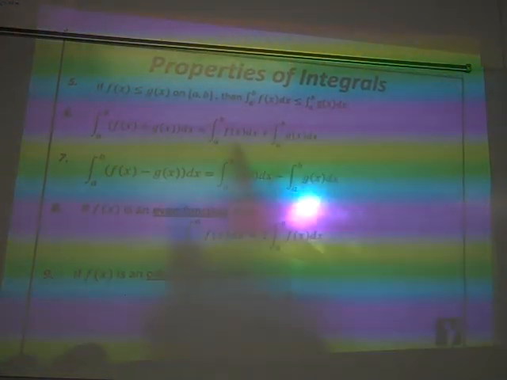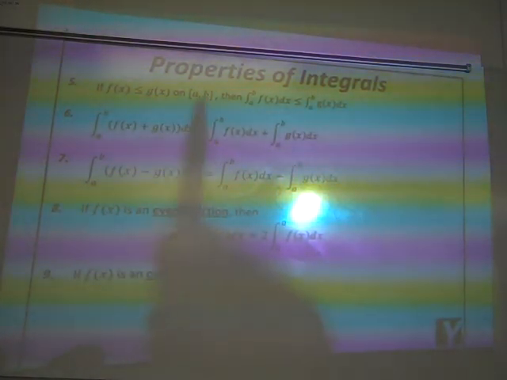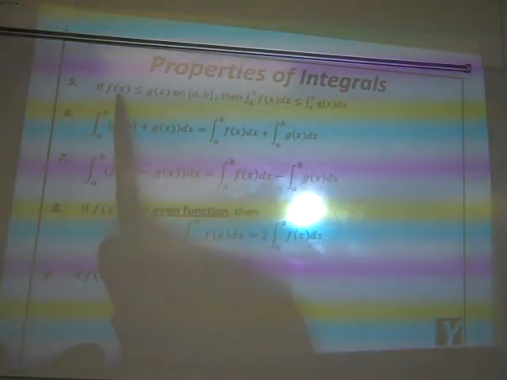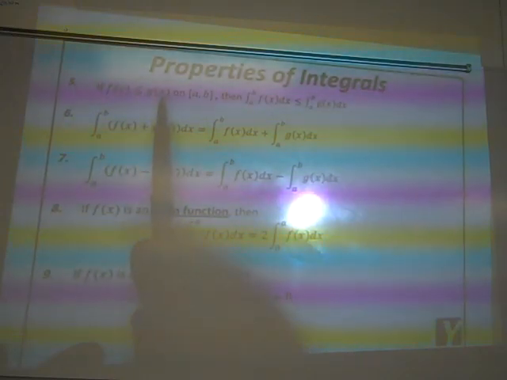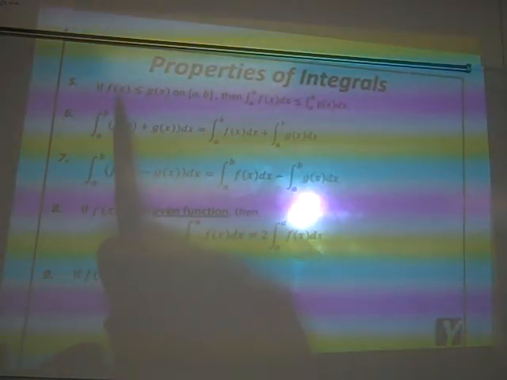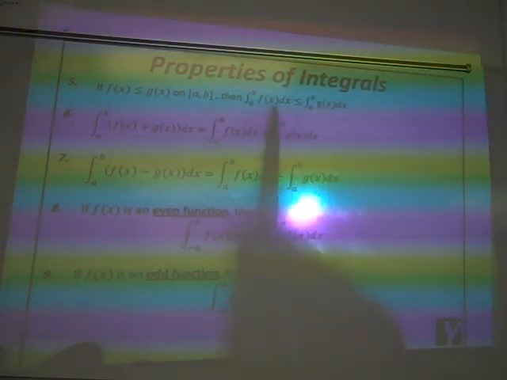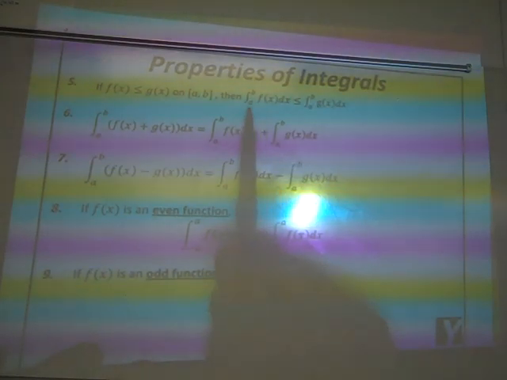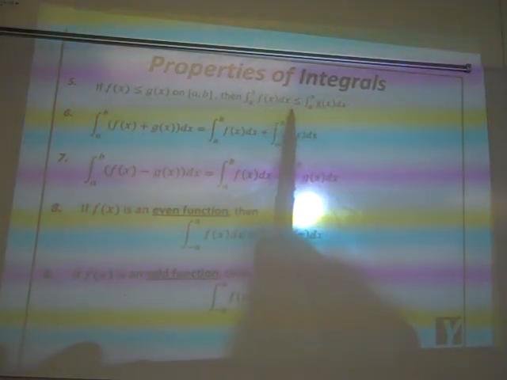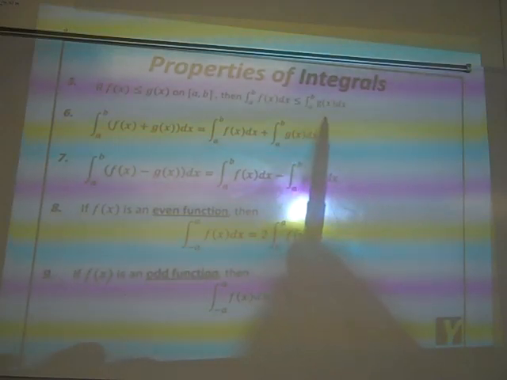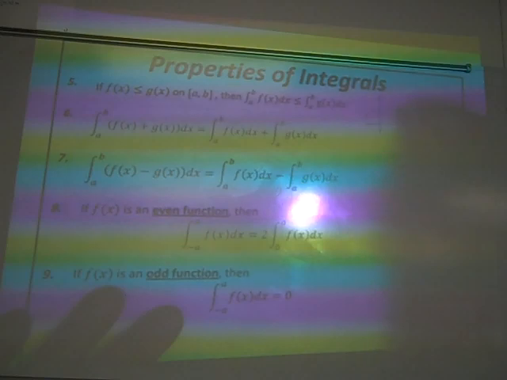Property number 5, if f of x is less than or equal to g of x on an interval, so I have a function that point for point is always less than or equal to g of x. So I like to think this function is smaller than that one, then it should be true that the definite integral of the smaller function is going to be less than or equal to the definite integral of the larger function. If you need a diagram for that, I would draw something.